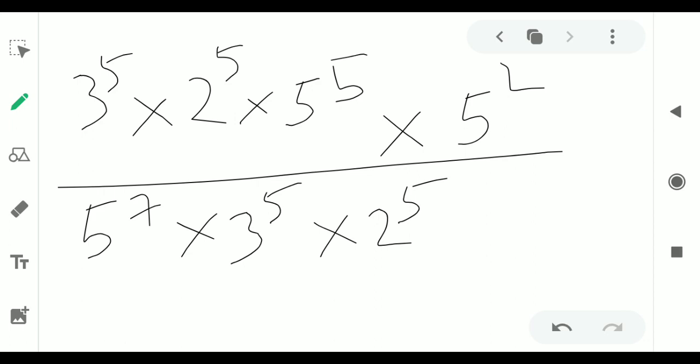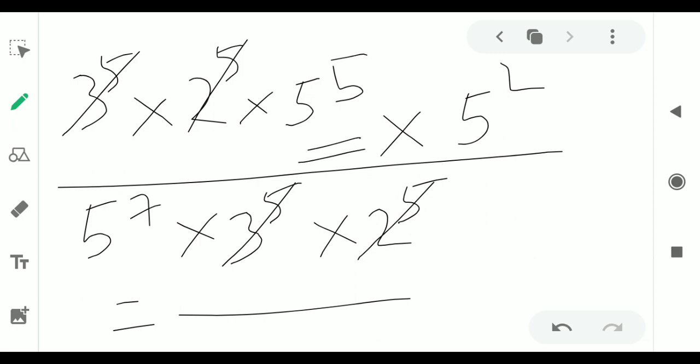Understand? Now this 2 to the power 5 cancels with this 2 to the power 5. This 3 to the power 5 cancels with 3 to the power 5. So what is remaining? Upside 5 to the power 5 and 5 to the power 2, downside 5 to the power 7.